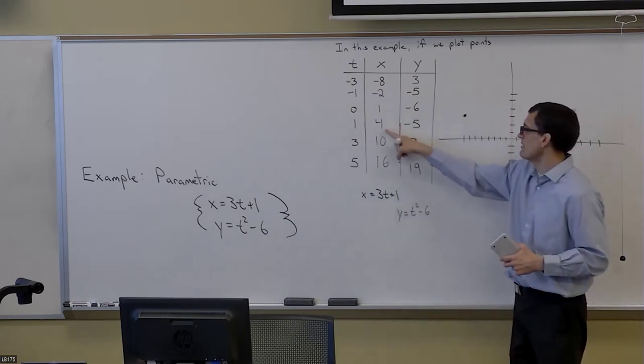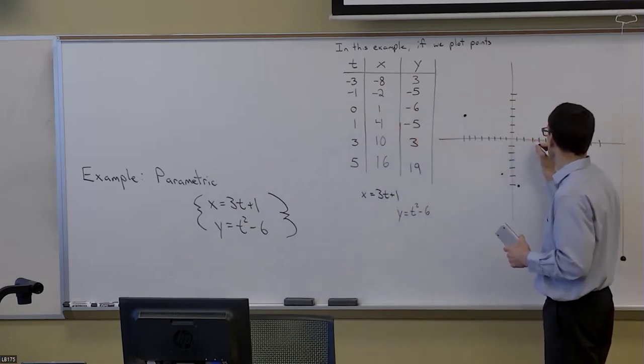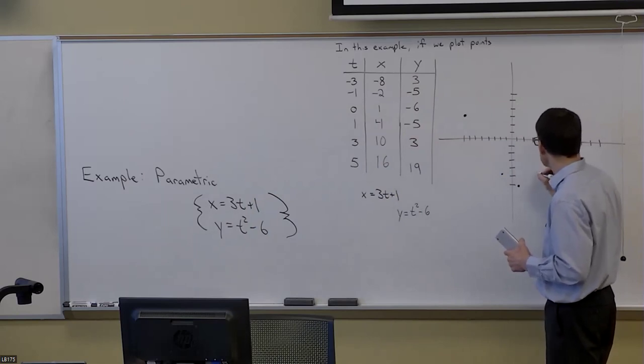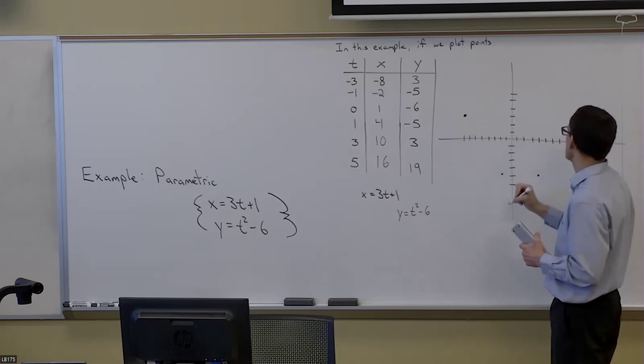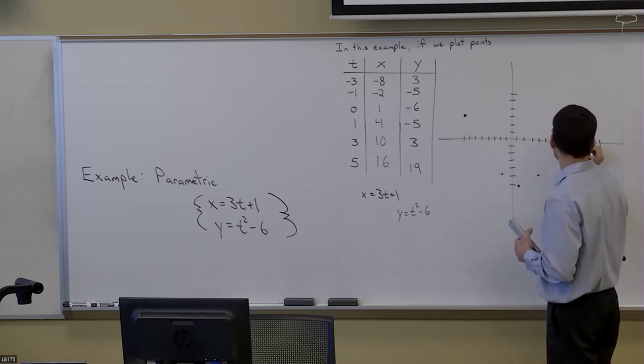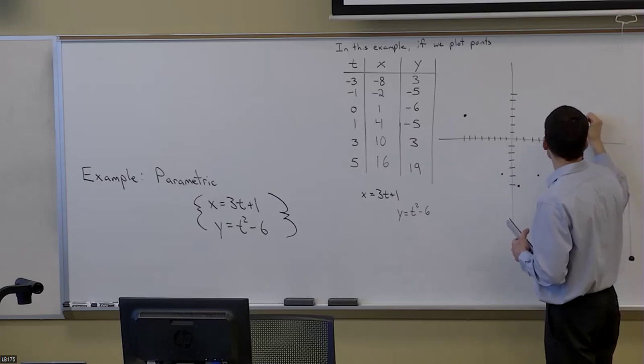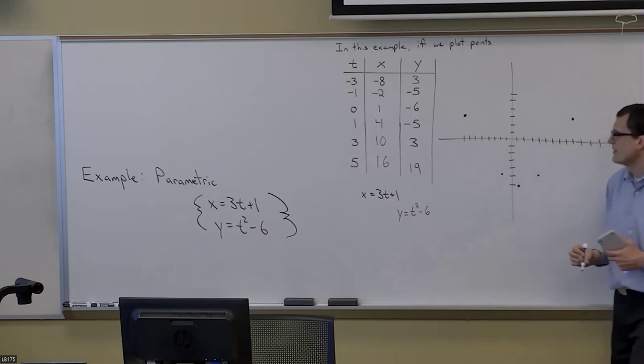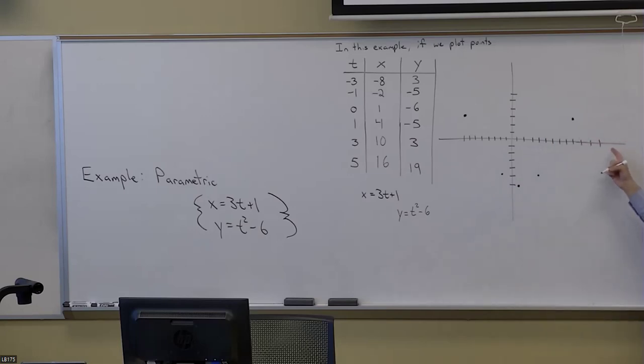Then I get to point 4, -5. Then I get to point 10, 3. Then I get 16, 19, which is way out of the side of my graph.